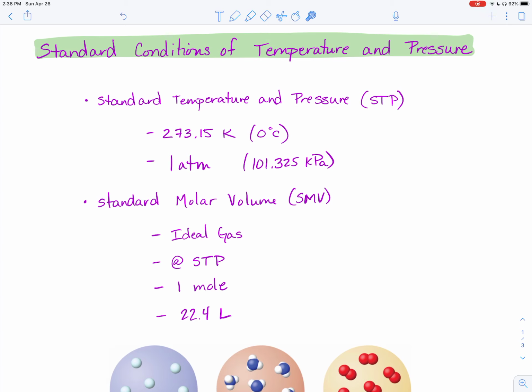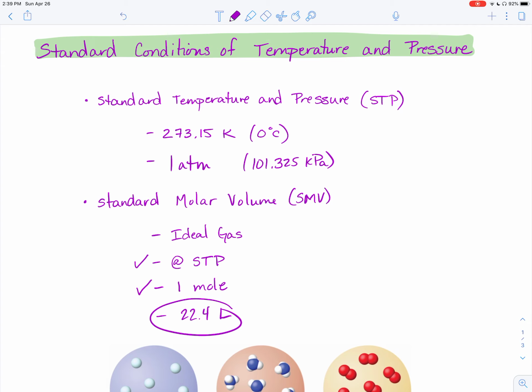The other thing that we can determine about a gas is something called the standard molar volume. The standard molar volume is a specific volume, 22.4 liters, if you are at STP, which means standard temperature and pressure, a temperature of 0 degrees Celsius and 1 atmosphere, and you have 1 mole of that gas.